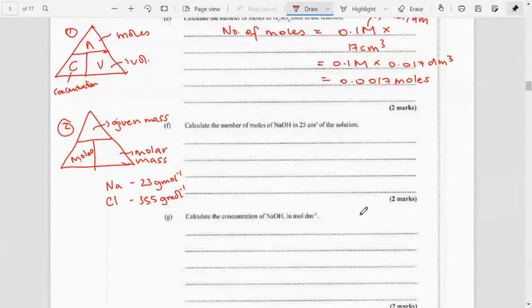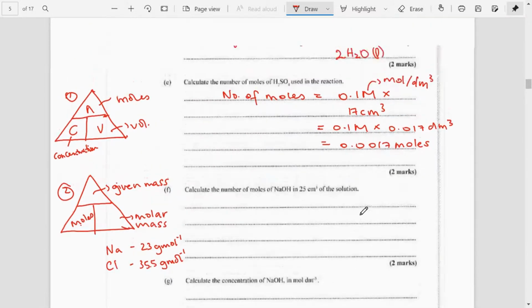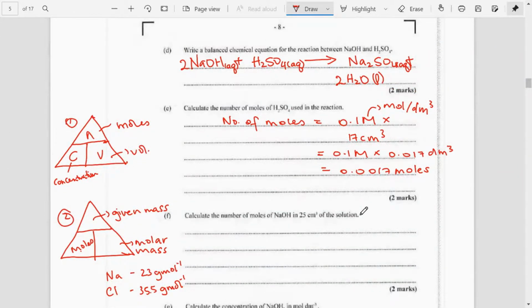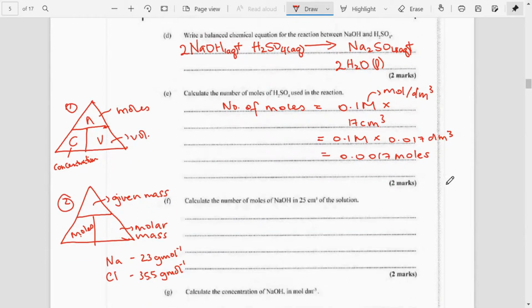When you see a question like this, what you do is you refer to your balanced equation to find the mole ratio. We do have the number of moles, but that's for the sulfuric acid. We have volume for the NaOH, which is 25 cm cube, but how would we find moles?